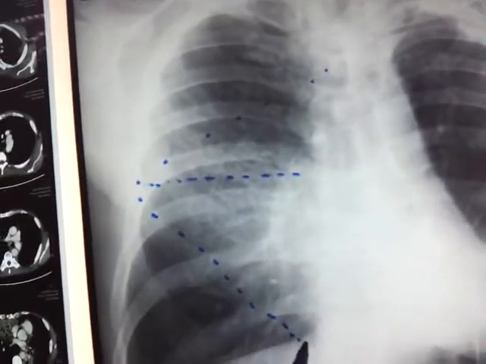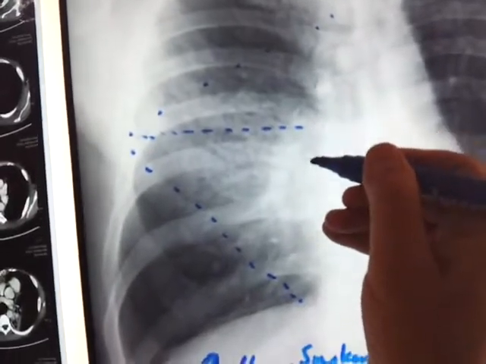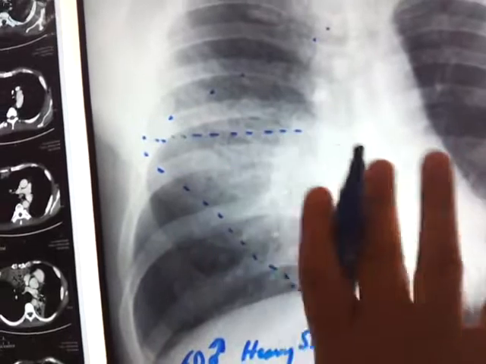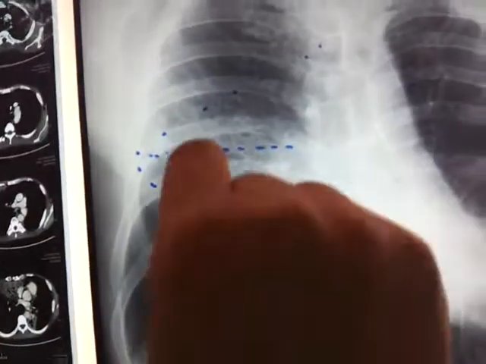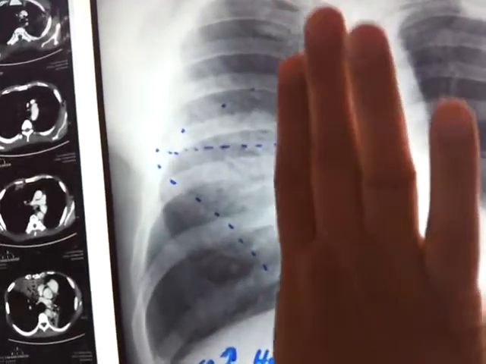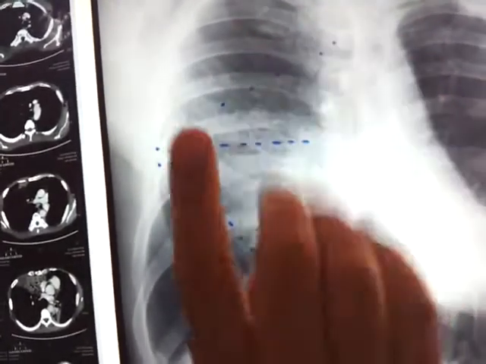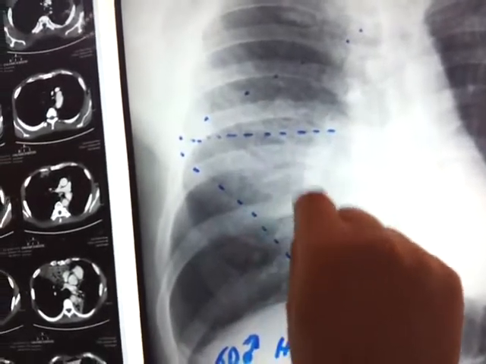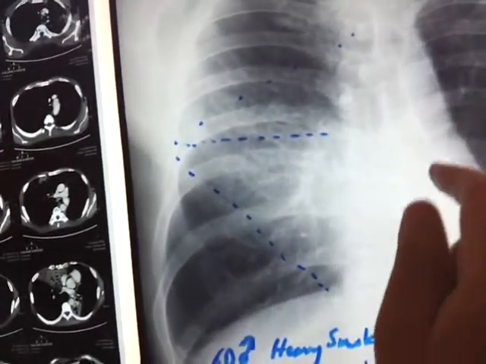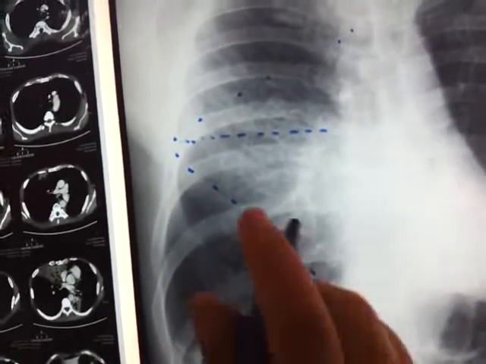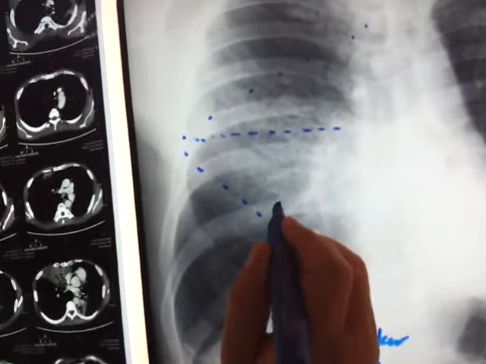This is a triangle, with its base attached to the heart. As in this patient, pneumonia of this lobe is obscuring the right border of the heart. Therefore, this lobe is anteriorly situated, because we know the heart is anteriorly situated in the chest. Therefore, this is the right what? Right middle lobe.